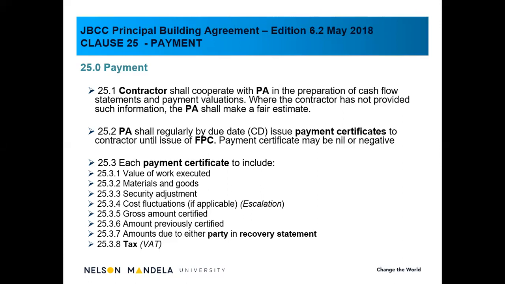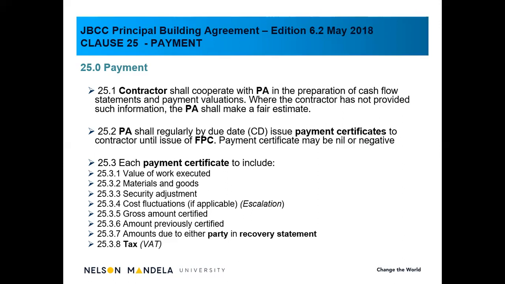So if it's on the 25th, the contractor knows, the employer knows, the quantity surveyor knows that on the 25th of the month, we should be handling and issuing a payment certificate. So that is stipulated. Clause 25.1 stipulates that the contractor should work together, providing information in order to set up a payment certificate.